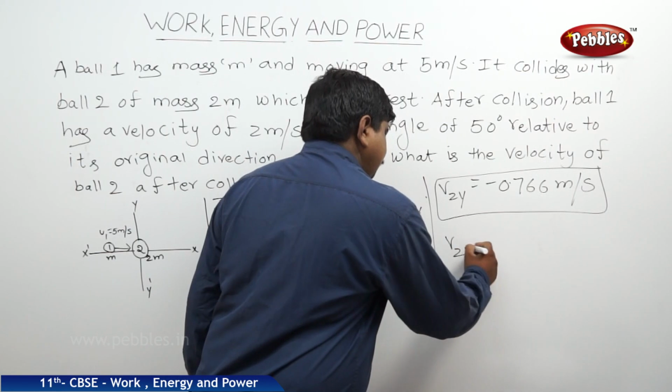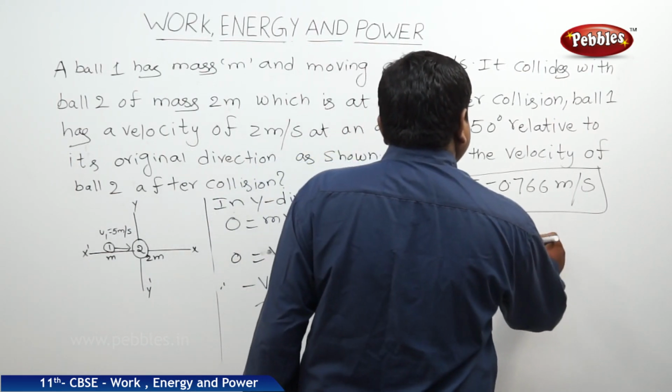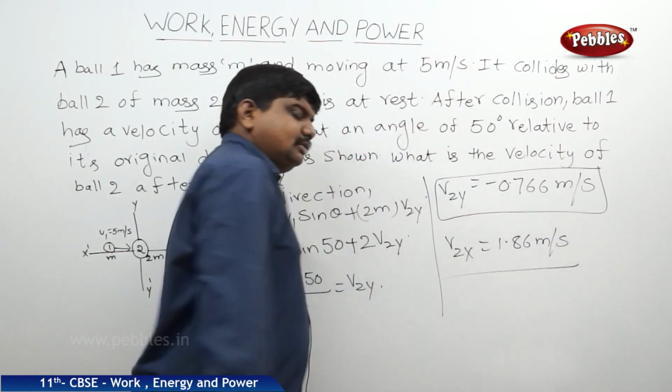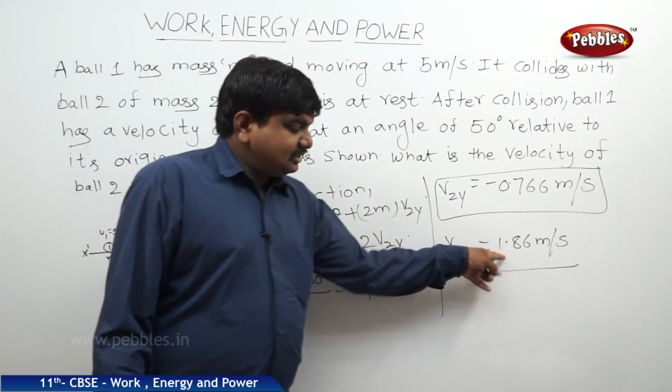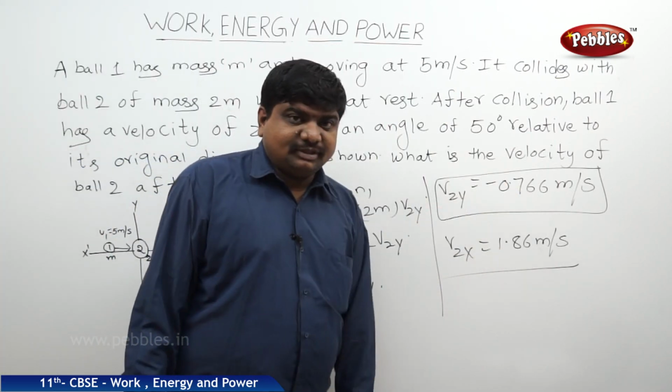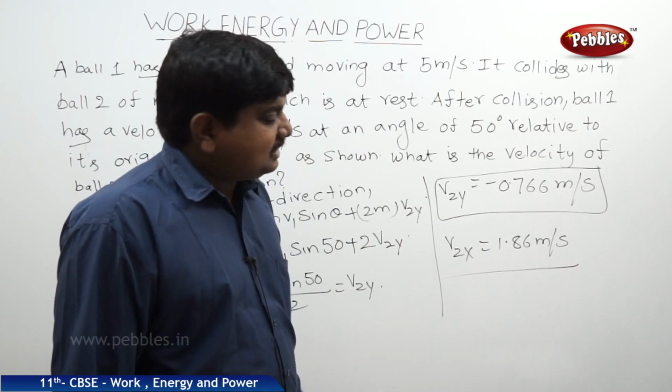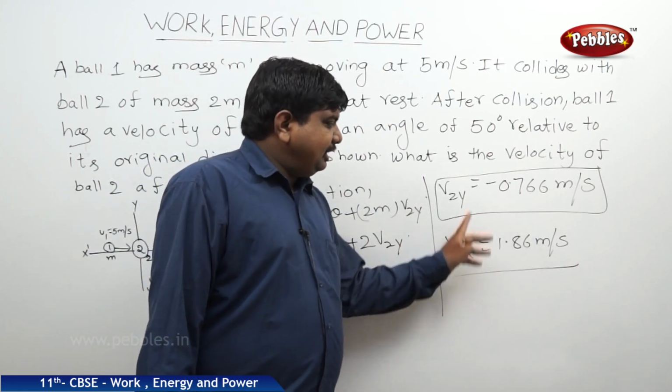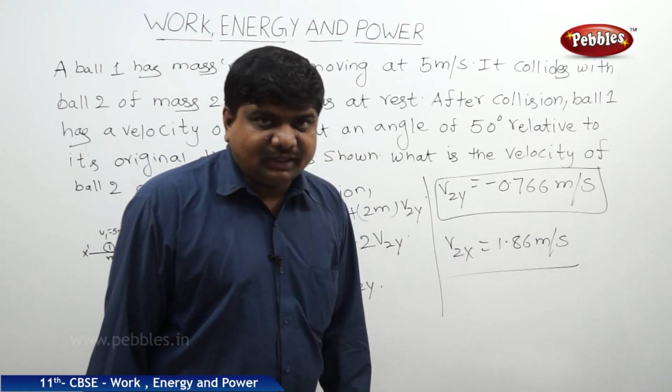Already we got v2x is equal to 1.86 meters per second. Velocity along x-axis this much, velocity along y-axis this much. The resultant magnitude of the velocity will become square root of v2x square plus v2y square.